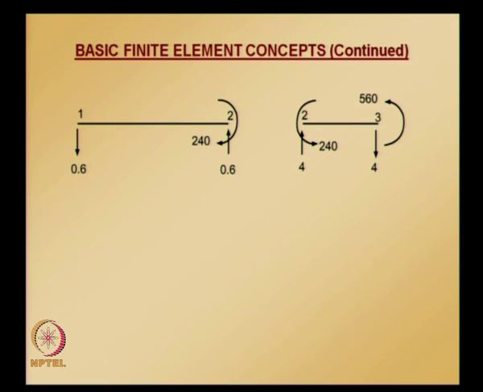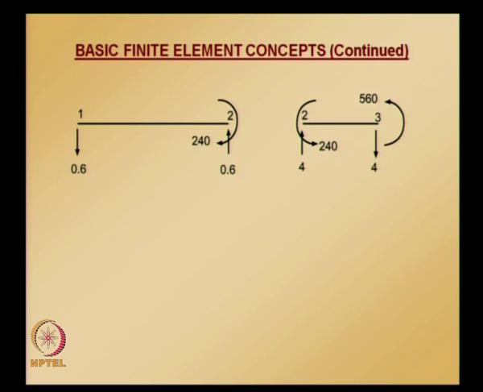So the total reaction, the sum of these two reactions, is 0.6 kilonewton acting in the downward direction at the extreme left support, and at the middle support a reaction of 4.6 kilonewton. If we add these two values, we get 4 kilonewton acting in the upward direction.